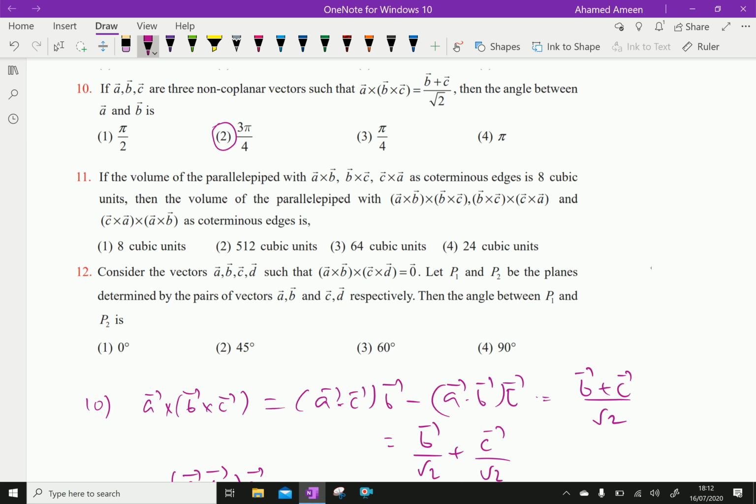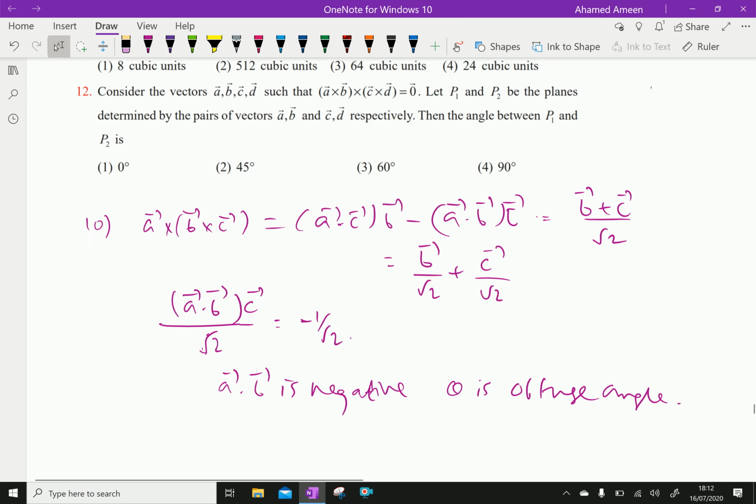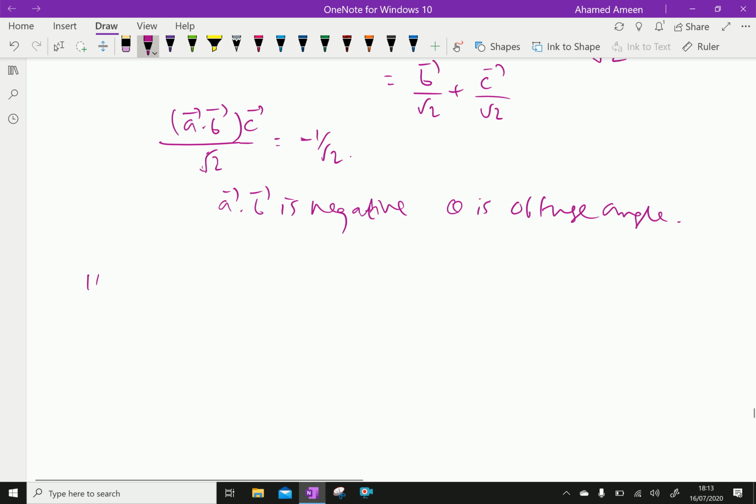Then, if the volume of the parallelepiped with A cross B, B cross C, C cross A as coterminous edges is 8 cubic units, and the volume of the parallelepiped with (A cross B) cross (B cross C), (B cross C) cross (C cross A), and (C cross A) cross (A cross B) as edges, here every time it is doubly multiplied, so the volume is 8 squared, that is 64.